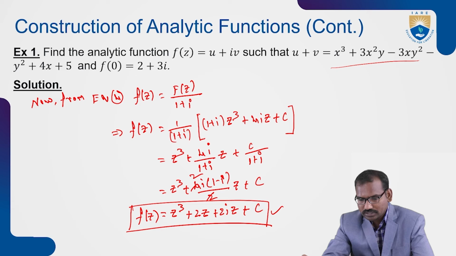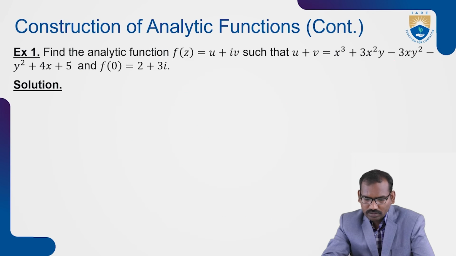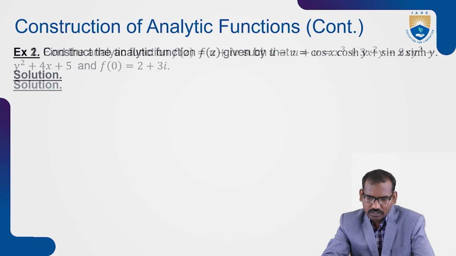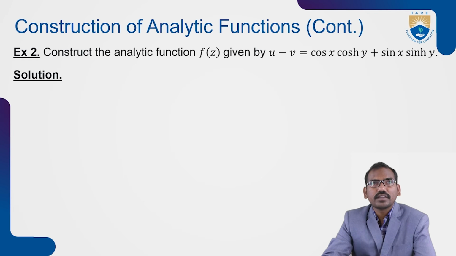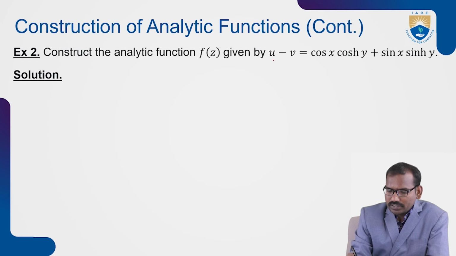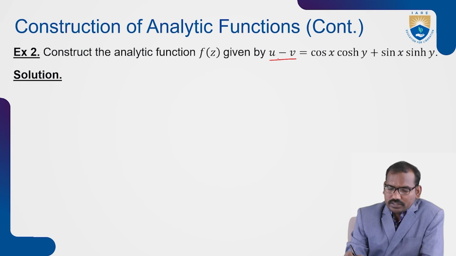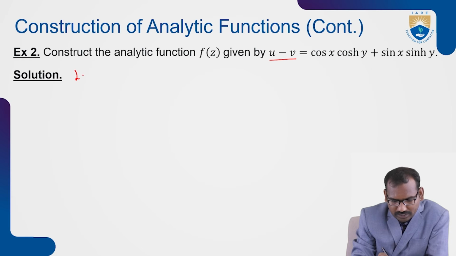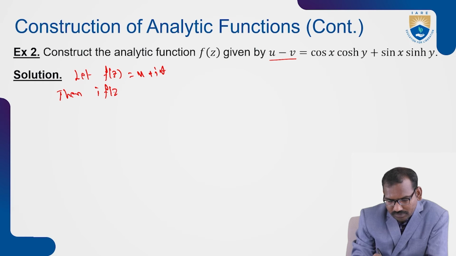Okay, I will discuss one more problem. See this one. Here it is given the difference of real and imaginary part. Now I will take f of z whose real part is u and imaginary part is v. Then i times f of z will be i times u minus v.